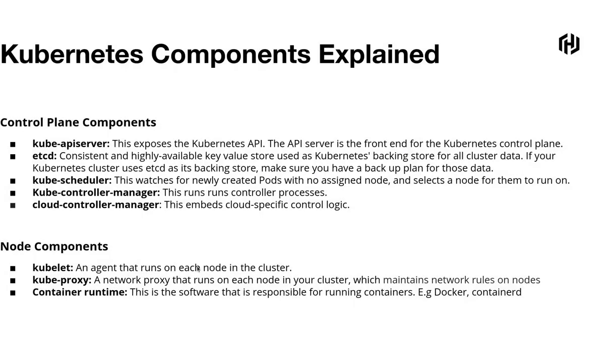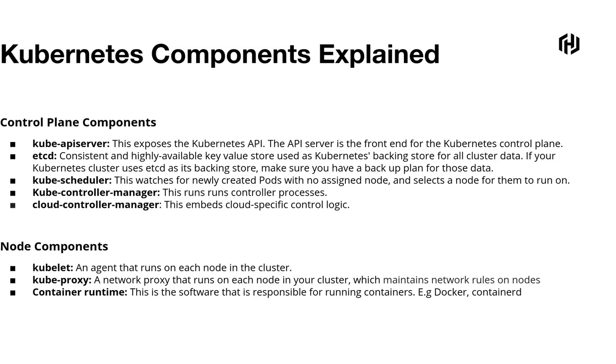So up next, we'll try to explain some of the components of Kubernetes. We have the Kube API server, which exposes the Kubernetes API. We have etcd, which is used for consistent data backup, like your data store. And then you have the Kube scheduler, which watches for newly created pods.